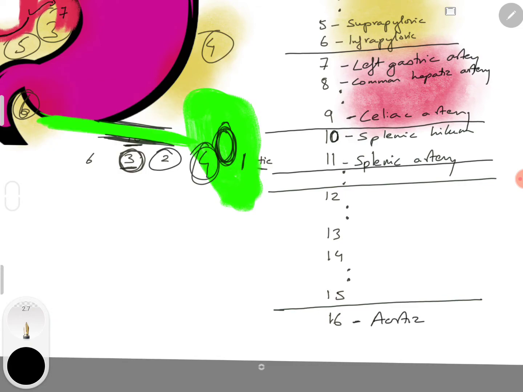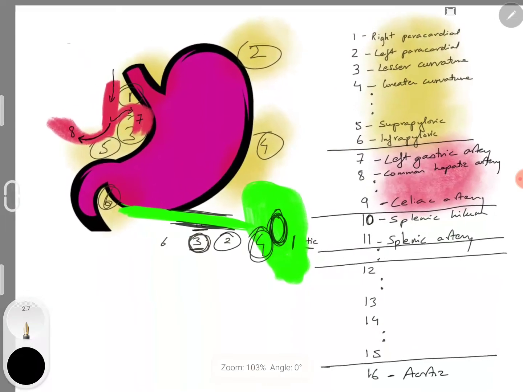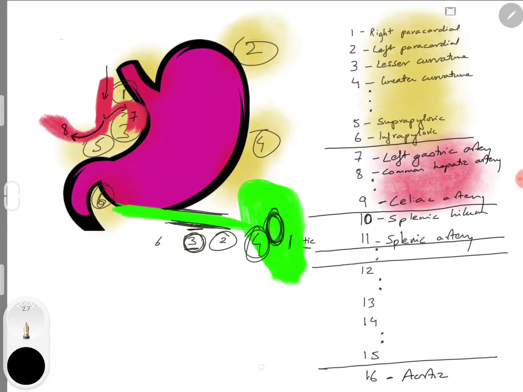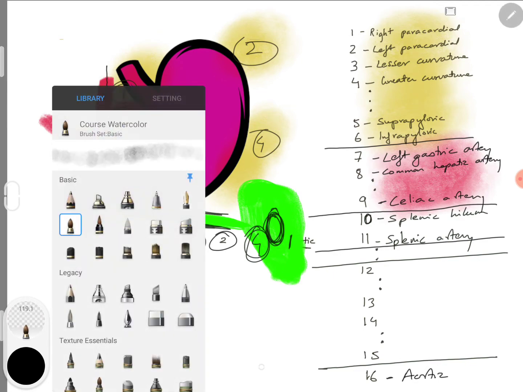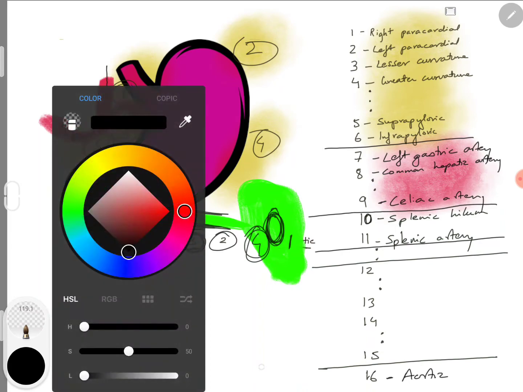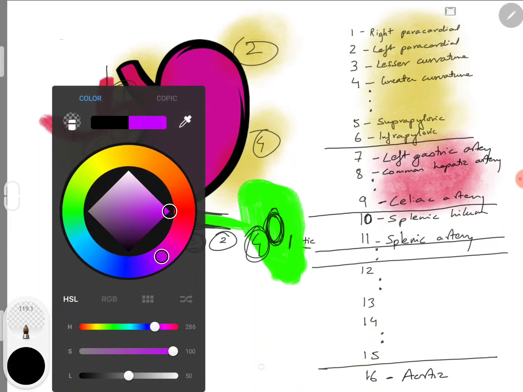Lymph node stations 12, 13, 14, and 15. I find this the most confusing, the most difficult one to remember in these lymph node stations. But I figured out a way to memorize this as well. Let's use purple.